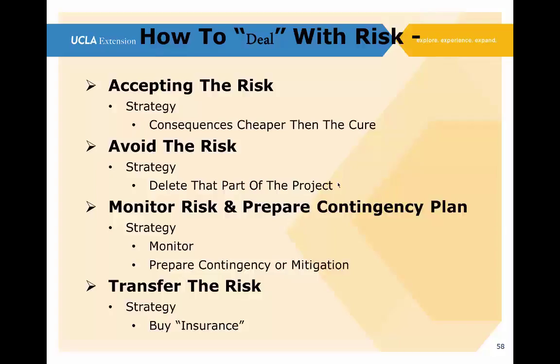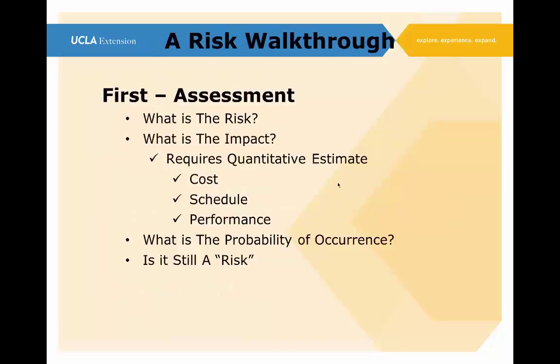Can we accept the risk? Oh, what the heck. The impact of this or the probability of its occurring is so low that we will just accept the risk, and we're just going to live with the consequences. And that's a management decision. And then we have the last two that we talked about, transferring the risk or monitoring the risk and having a contingency package. So, okay, let's do a walkthrough on risk.